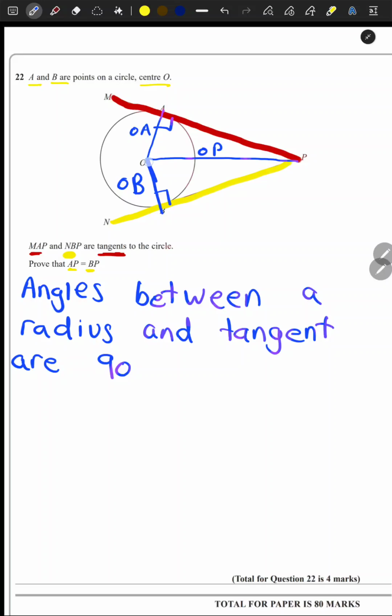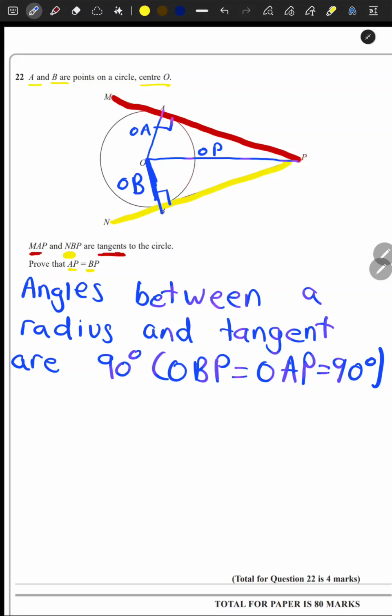This is our radius here, and this is our tangent here, because a tangent is just a line which touches a circle at one point. This shows us that OBP is equal to OAP, which is equal to 90 degrees.